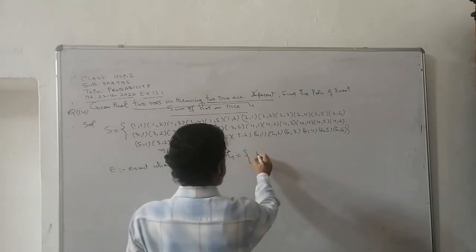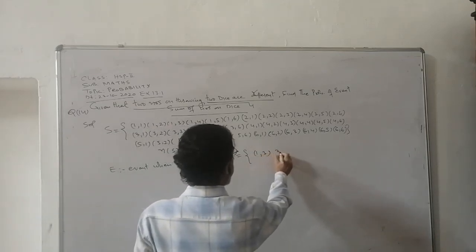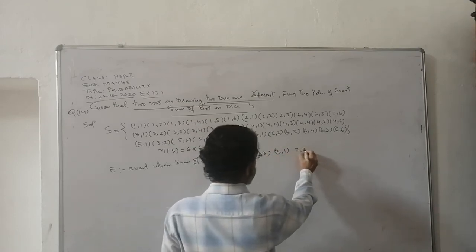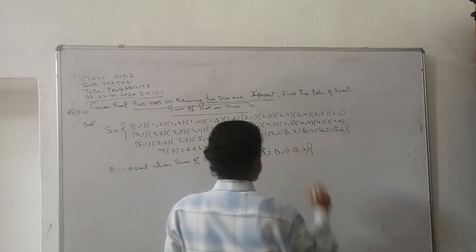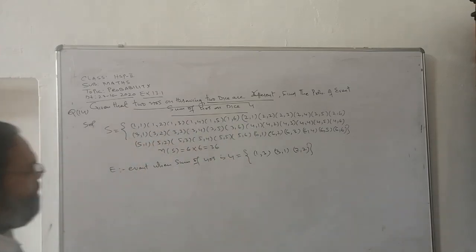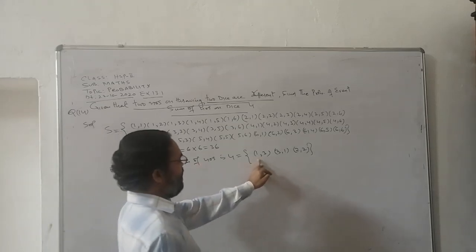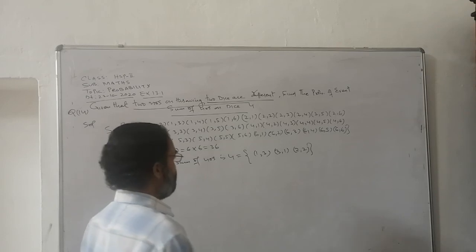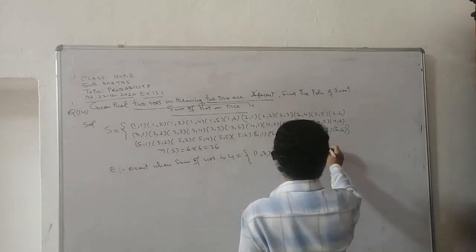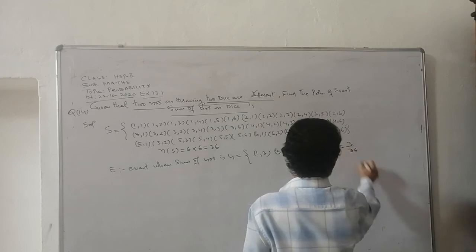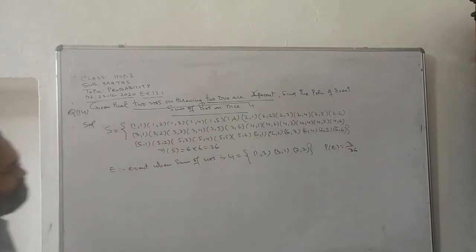The favorable points are only 3 points, where if we add them the sum is 4. So the probability of E will be 3 upon 36.